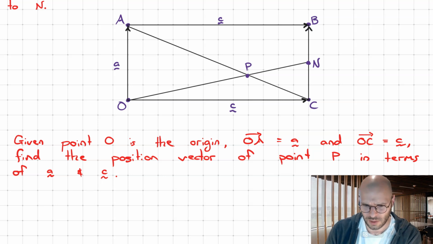Similarly, the pathway from C to B is just vector A, same length, same direction.